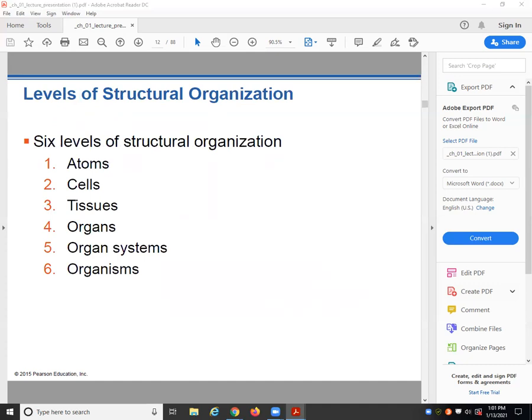Speaking of levels of organization, at the smallest level, we're dealing with atoms, okay? As well as molecules, and that's at the chemical level of organization. All right, so next to where you put atoms, write chemical level.